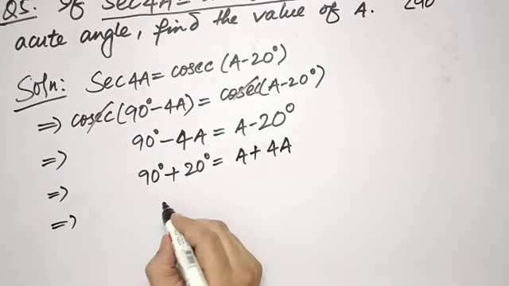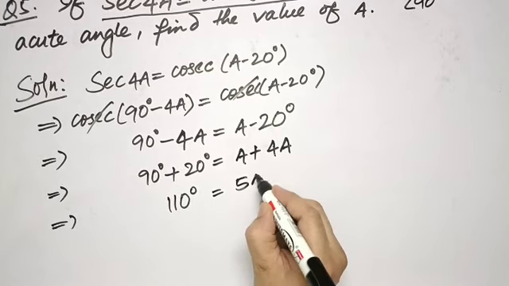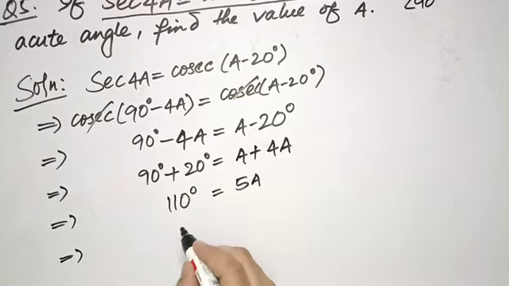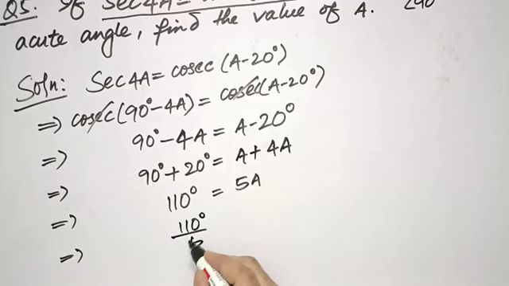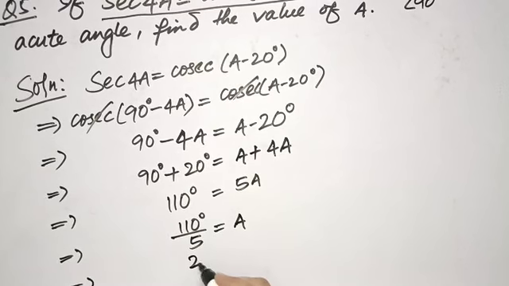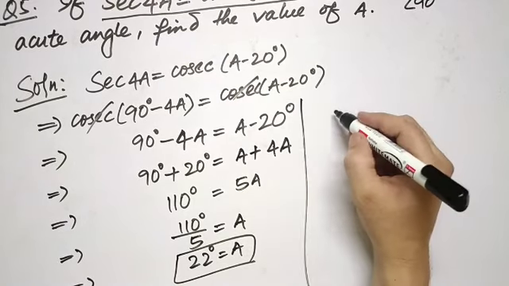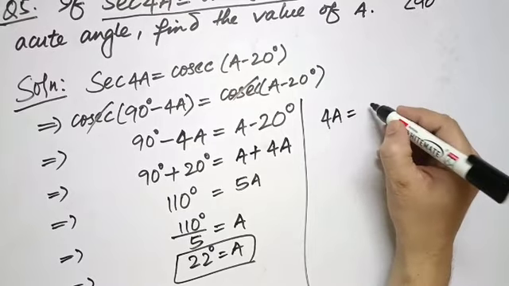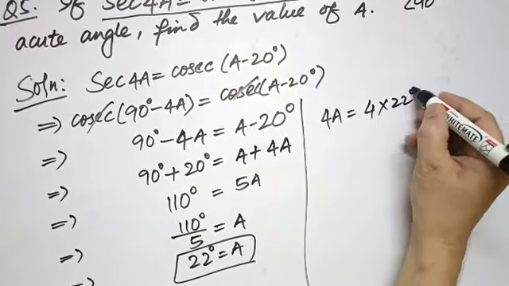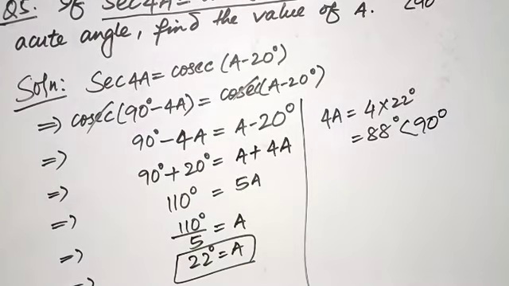Now 90 plus 20 will be 110, and this will be 5a. 110 divided by 5 is equal to a, and 5 twos are 10, 5 twos are 10, that is 22 degree equal to a. Also it says 4a has to be an acute angle, that is 4 into 22 degree equal to 88 degree, which is lesser than 90 degree. So we got the answer, right?